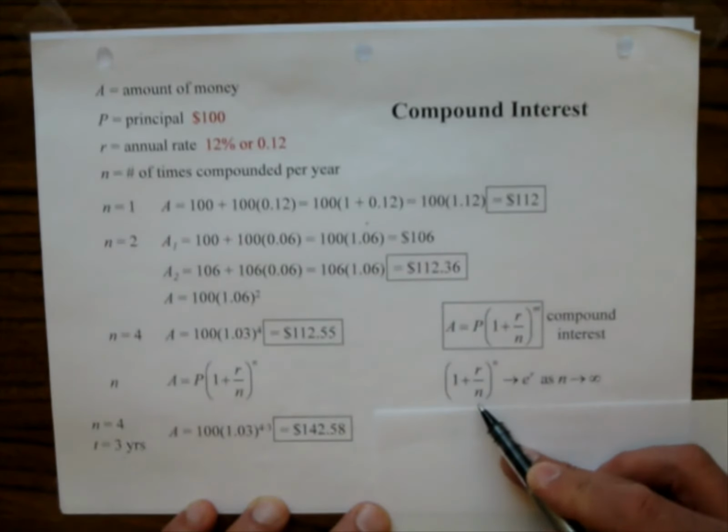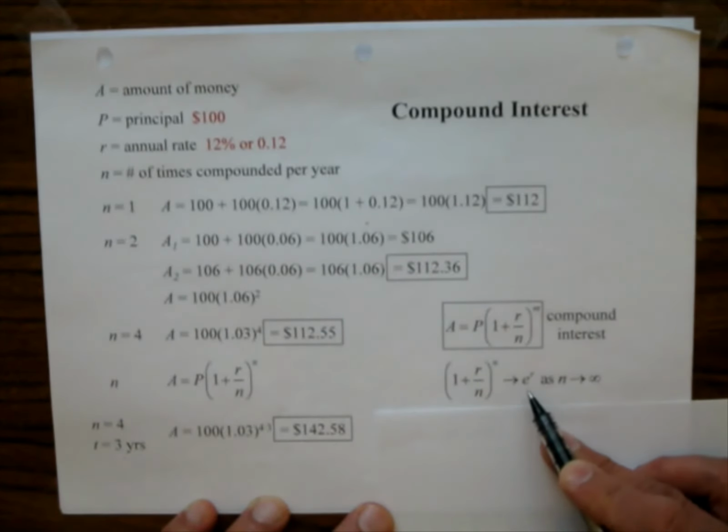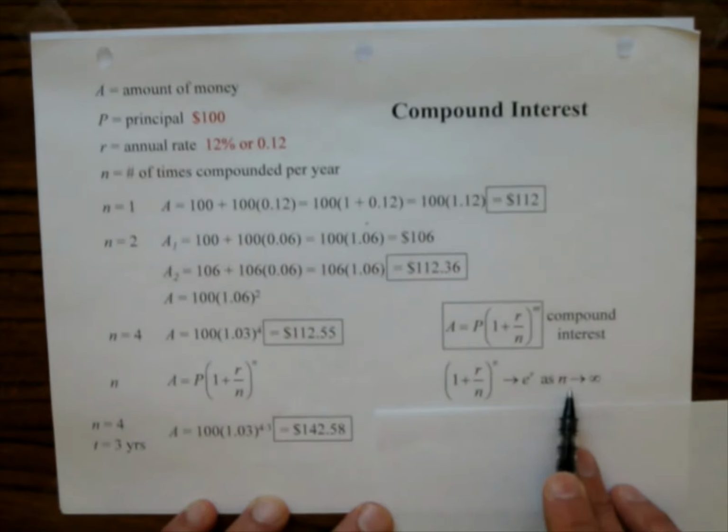If you put really big numbers in for n and keep making them bigger and bigger, this expression right here goes to e, which is that 2.7 constant that we did earlier, raised to the r. See, it says as n goes to infinity.